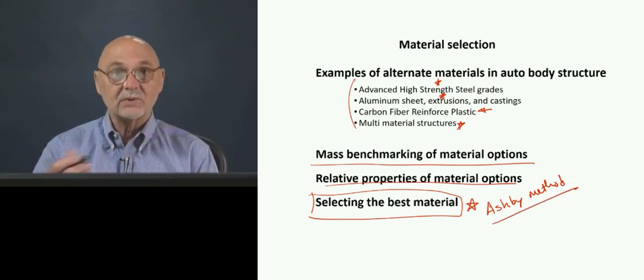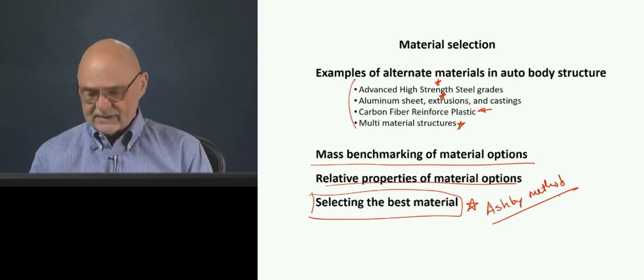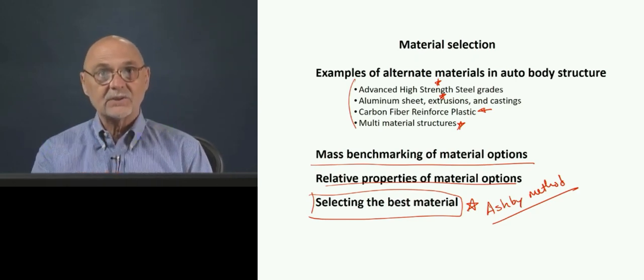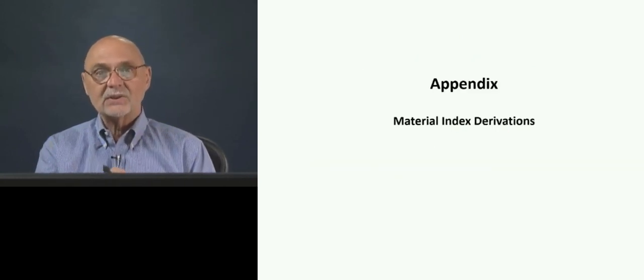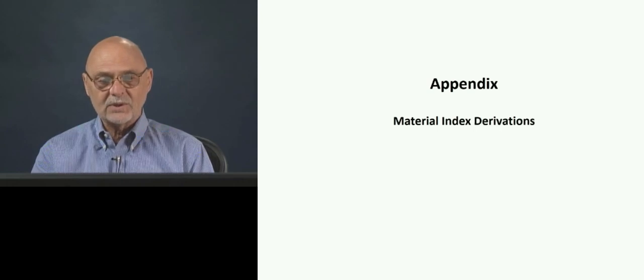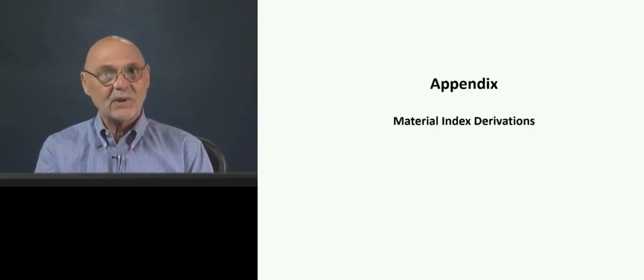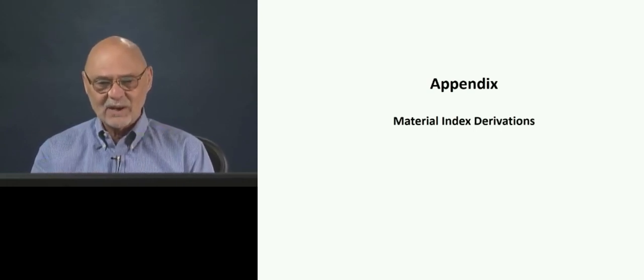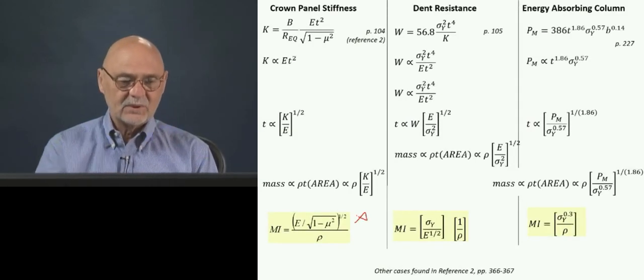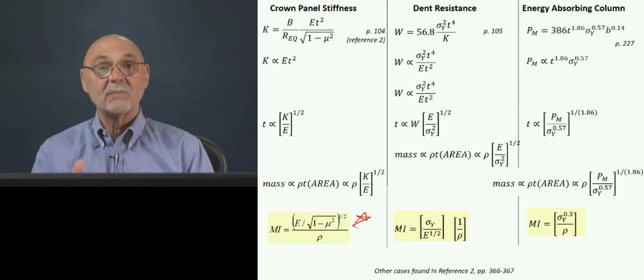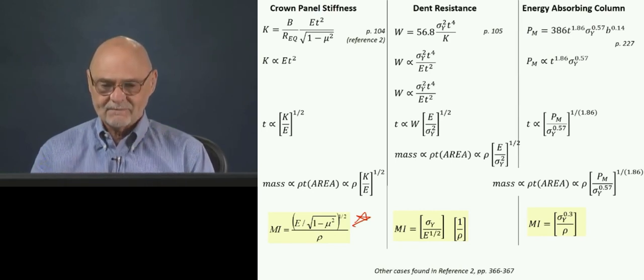In this Ashby method, we use the material index, and I gave you some charts of the material index for auto body structures. In the appendix, there are some derivations for the material index. This will never appear on a quiz, so don't worry about it, but if you're curious where these material indices came from, it shows you the basic equations that were used.